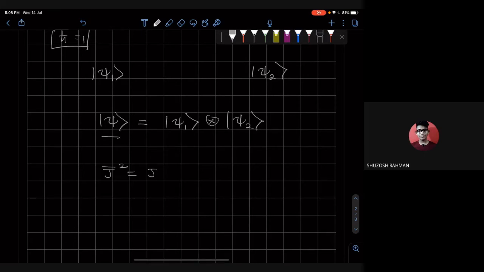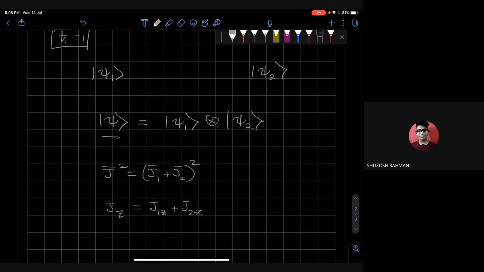What is J squared? J squared is J1 plus J2 whole squared. Okay? And we want to find it as an eigenstate of also the z component of the total angular momentum operator, which is going to be J1z plus J2z.